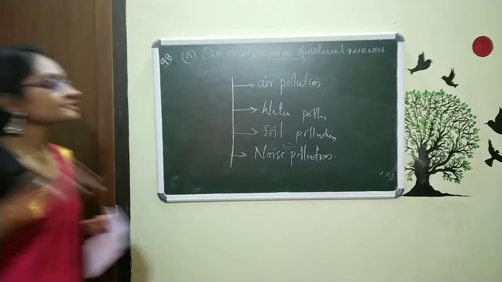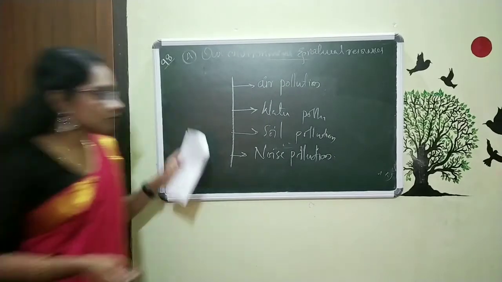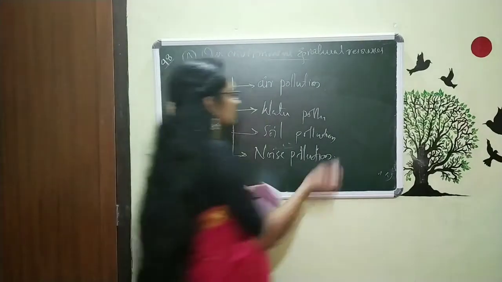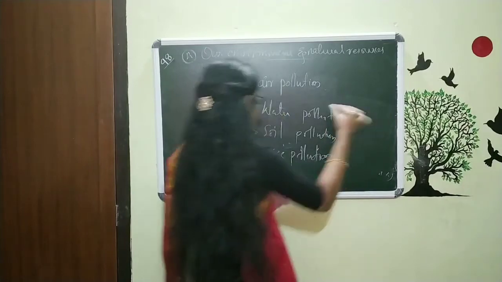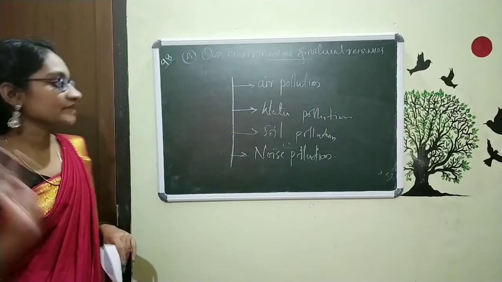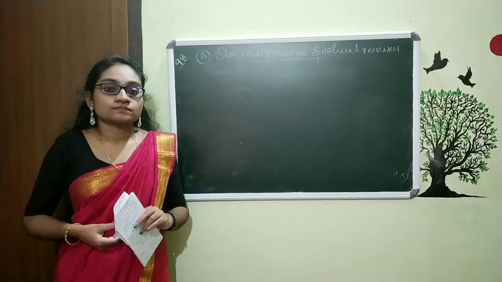So there are 4 types of pollution: air pollution, water pollution, soil pollution, and noise pollution. These are the 4 types of pollution.